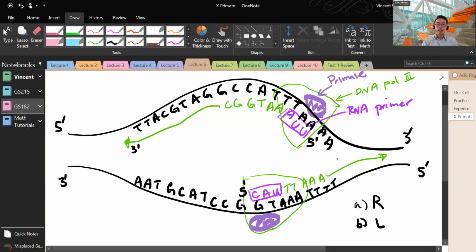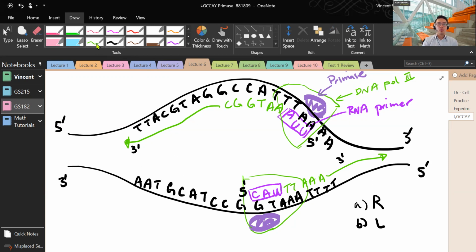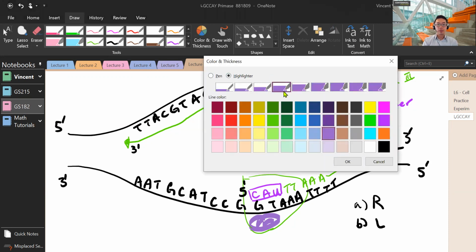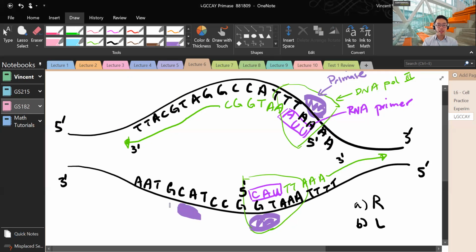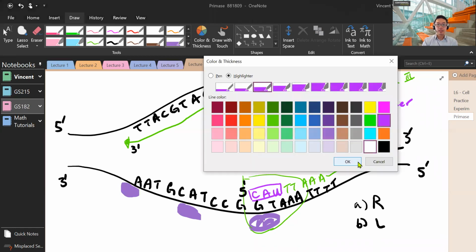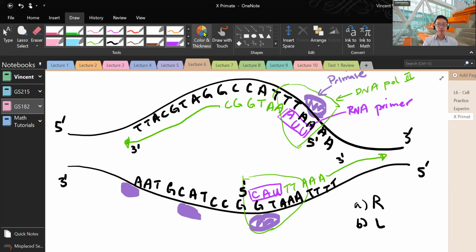All right. Now that is a little bit of a problem because how are we going to replicate this stuff? Right, because I cannot go backwards here, right? So what can we do? Well, we are just going to need to have another RNA primer. Okay, so there's going to be the primase. There's going to be another primase maybe, and then they're going to put down more primers.